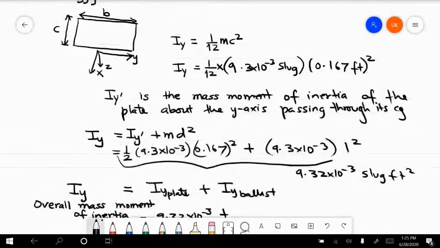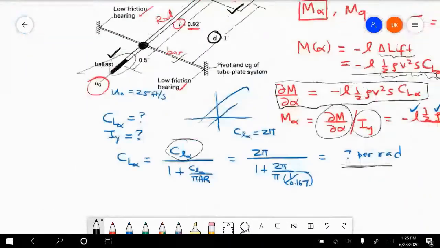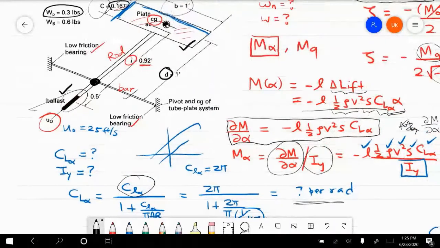Now for the ballast, again you have to multiply the mass of the ballast by the distance between the center of gravity of the ballast and the overall center of gravity. So this distance, 0.5 feet. And the mass of the ballast is also given. You need to convert this to slugs to be consistent with this system of units that we are using.